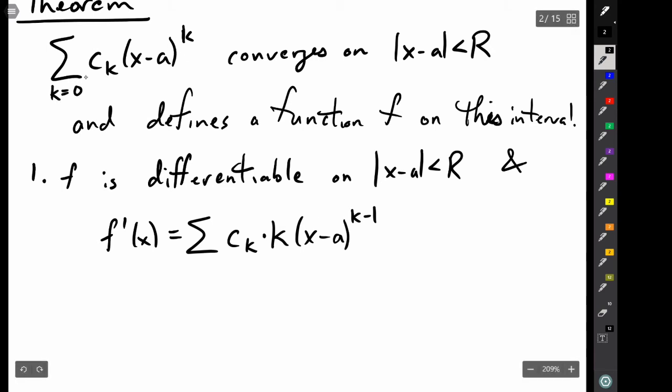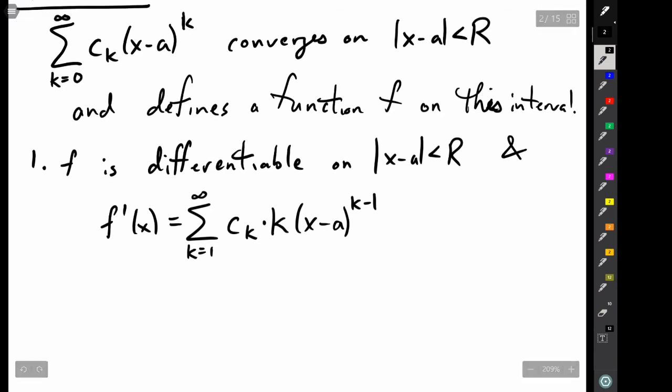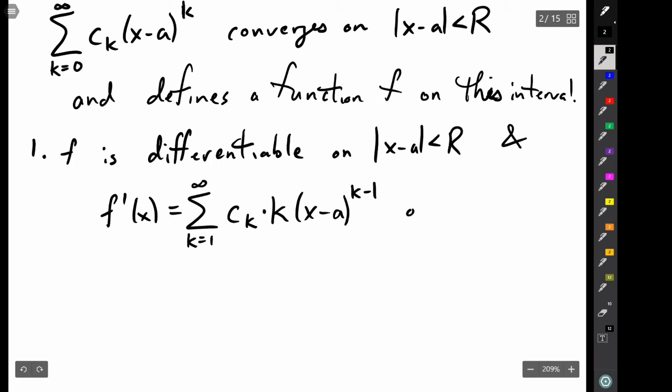We'll leave it there. You really want to be careful here, because this will now start at 1, because when k is 0, this sort of isn't defined anymore. And again, this is going to be on the same interval. This will be defined.